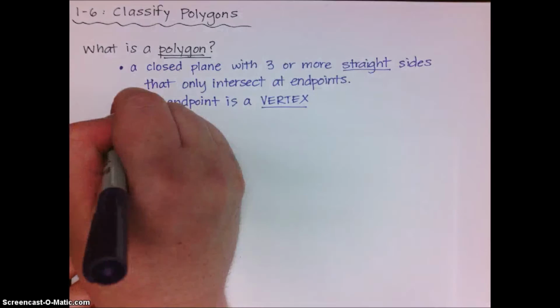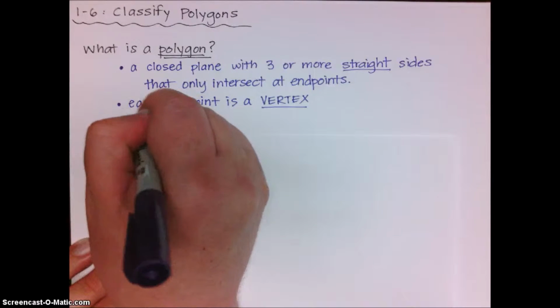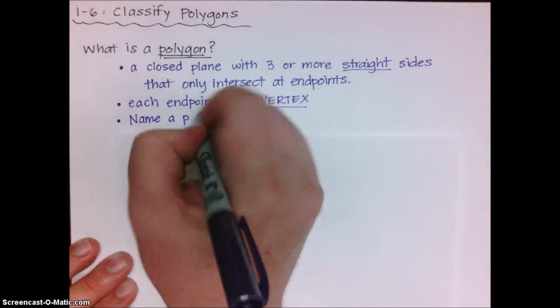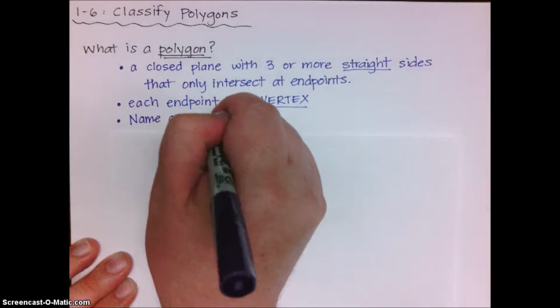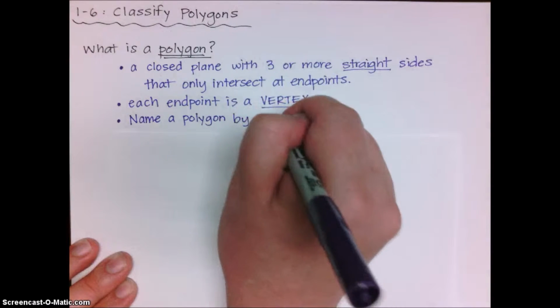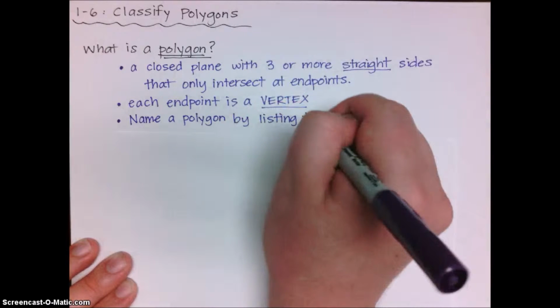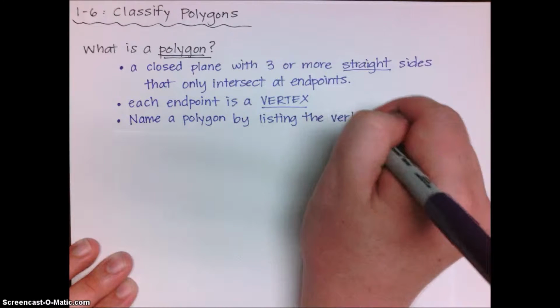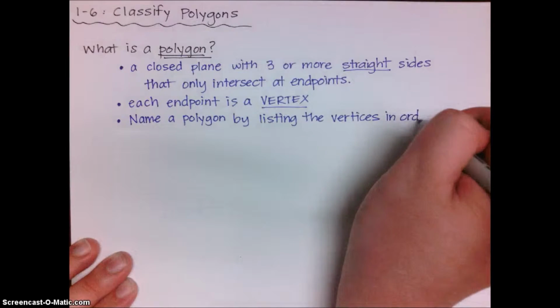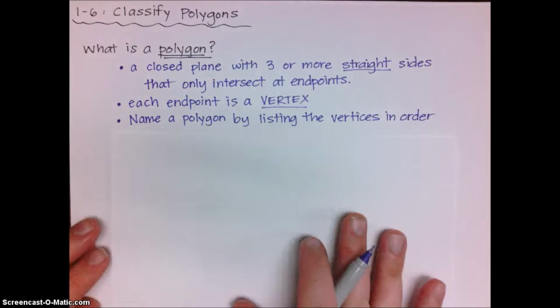And we give a name to a polygon by listing the vertices in order. So let me give you an example just to refresh your memory.